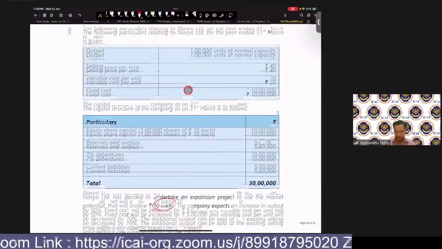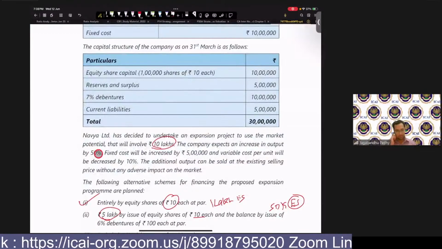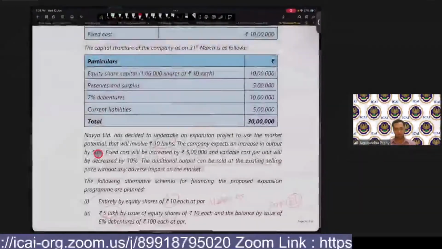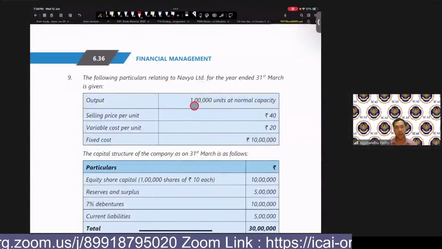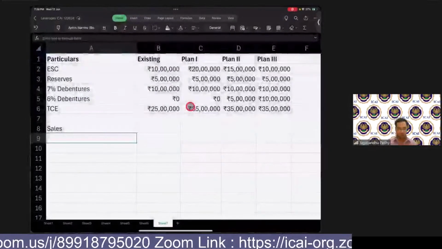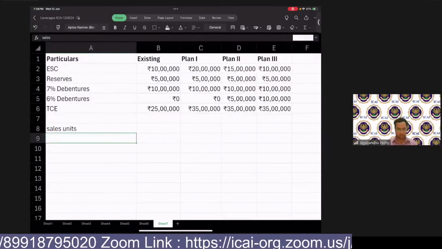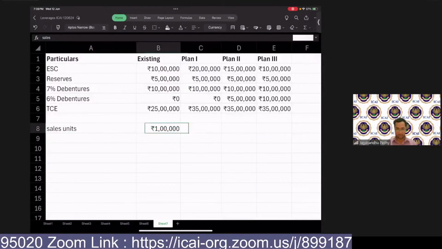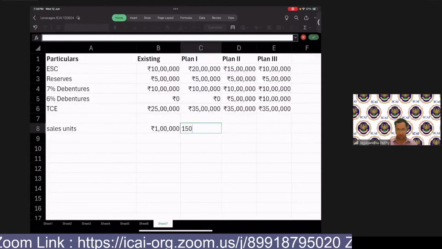Now, on that, there is going to be an increase of 50%, so your number of units is going to increase. Instead of 1 lakh, now the units will be 1.5 lakh in plans 1, 2, and 3.